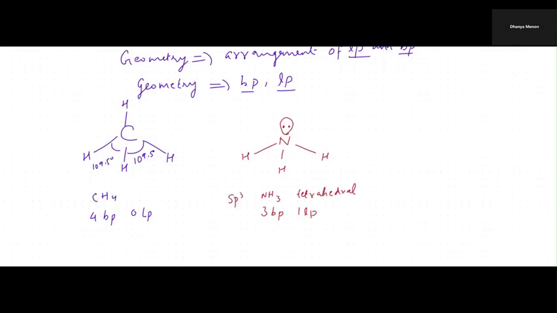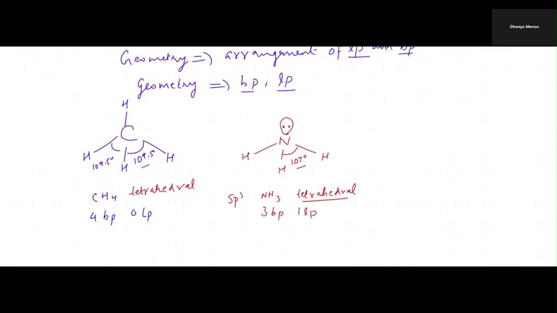Now, if the geometry is tetrahedral, the bond angle should have been 109.5 for ammonia also, but it is found to be 107 degrees. That means it is less than 109.5. Ammonia is tetrahedral, methane is also tetrahedral. But why is there a difference in bond angle? Bond angle here is 109.5. Why in ammonia is it less? It is seen to be 107.